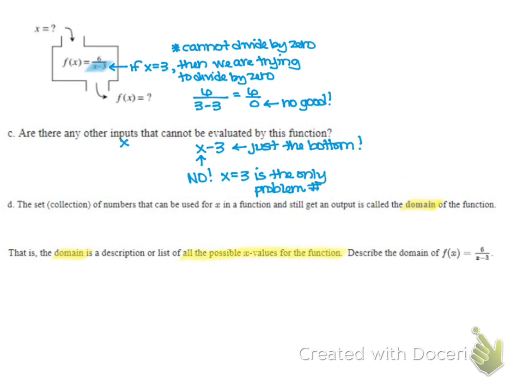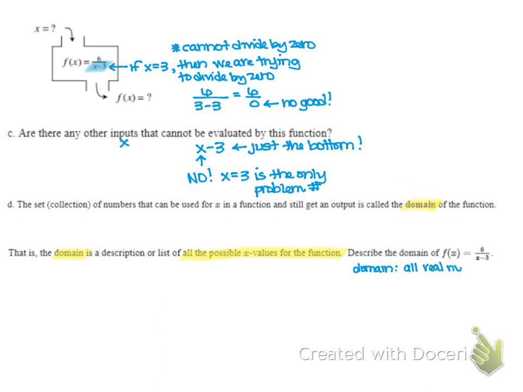So describe the domain of that. Okay, so the domain is everything that we're allowed to plug in for X. Well, we can plug in anything we want, but we can't plug in 3 because 3 turned the bottom into 0. So what we can say is that the domain is, well, everything in math at this level is all real numbers.